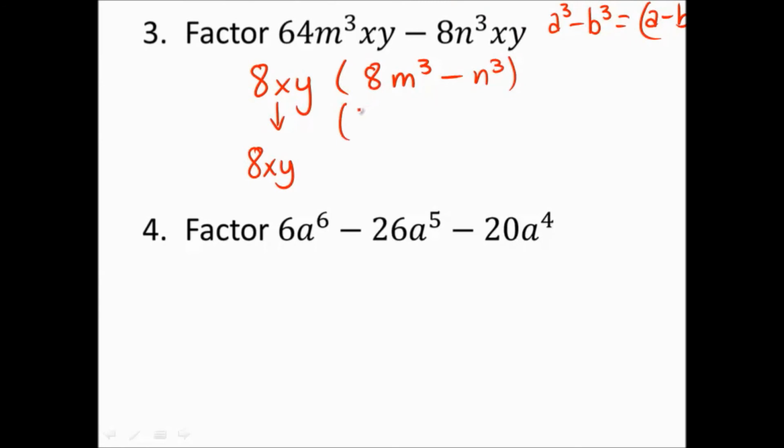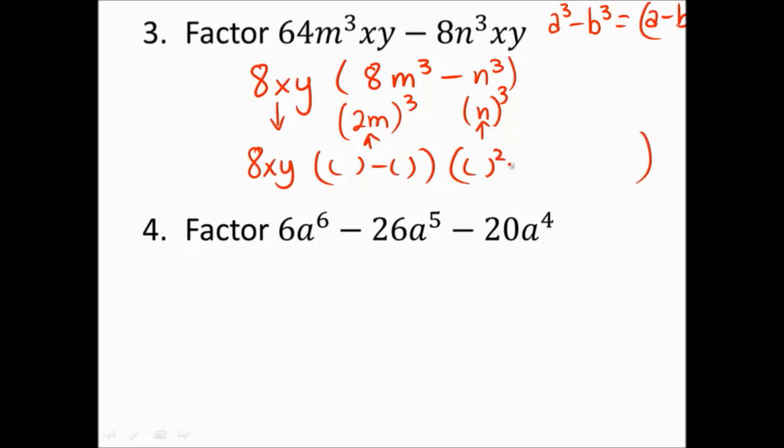Here we've got 2m cubed and n cubed. So our a is our 2m and our b is our n. So let's set it up, write it all out, and fill in our a's and our b's.